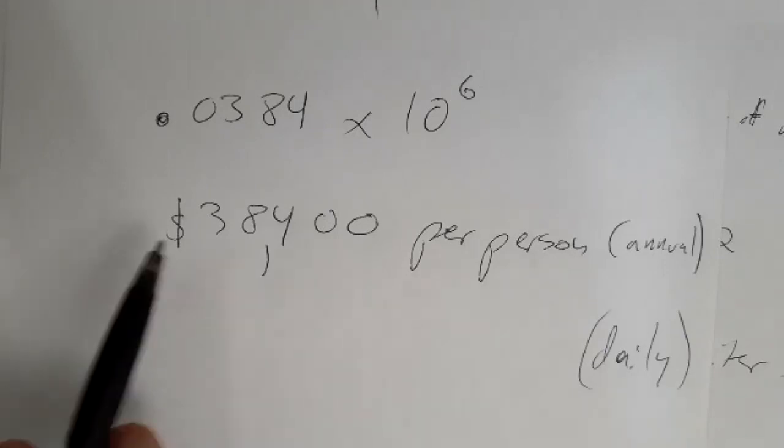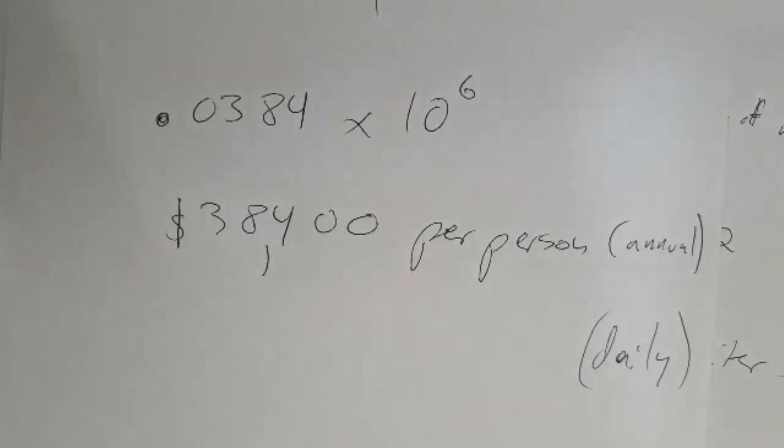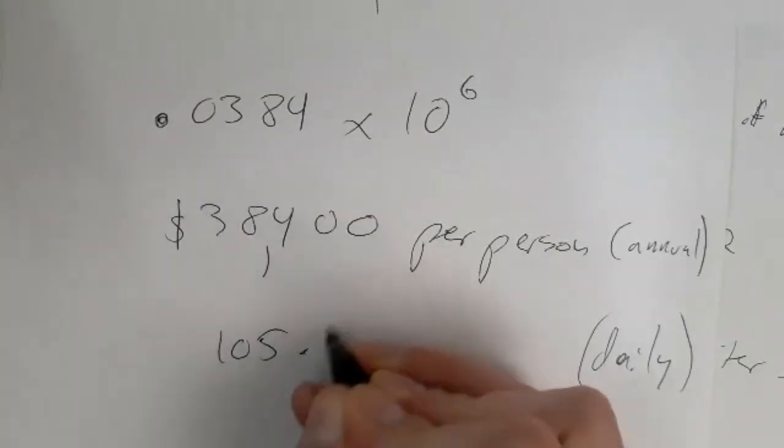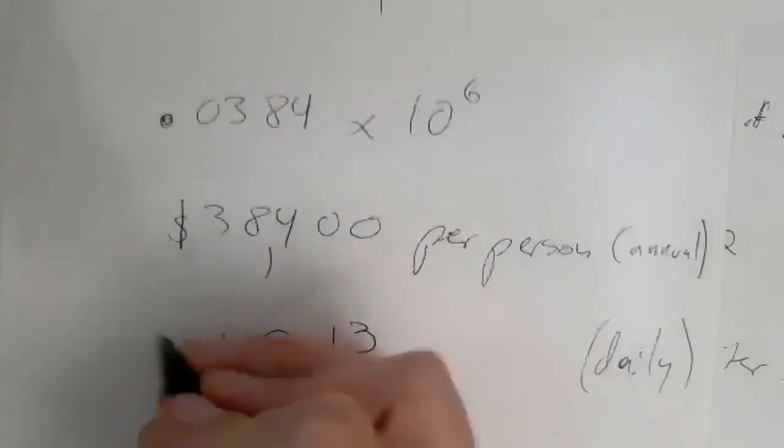But if this is happening 365.25 days of the year, then each day we're going to have to divide this by 365.25. So I'm getting something like 105.13 if I round it.